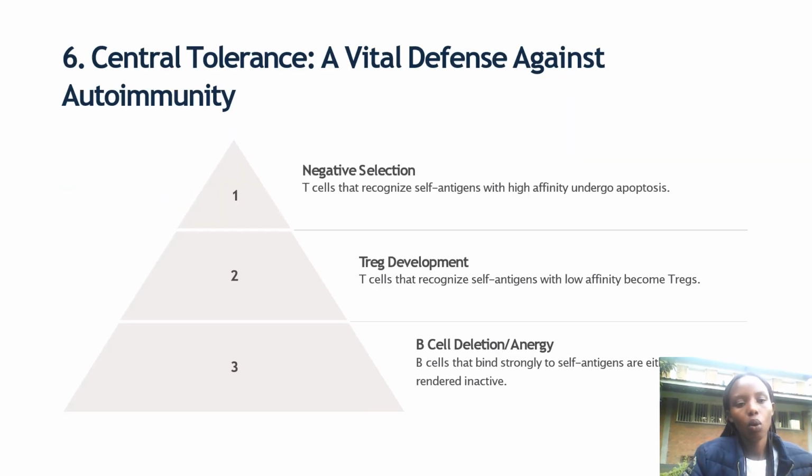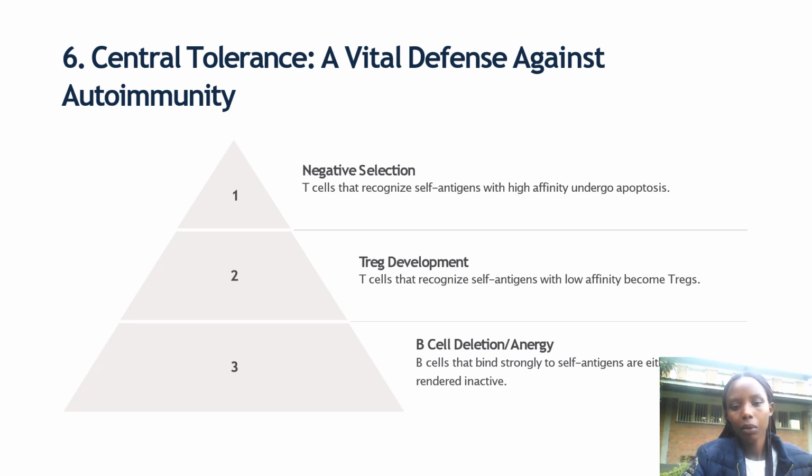So let us go on to question 6, which deals with central tolerance. We have different steps for central tolerance. The first one is negative selection. For negative selection, T cells that recognize self-antigens with high affinity undergo apoptosis. As we know, apoptosis is programmed cell death.